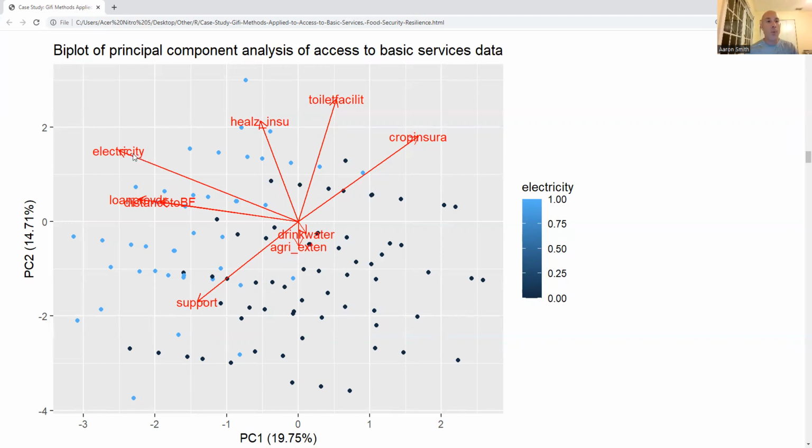Going up, we see electricity, heels, toilet, and crop insurance in the opposite direction of support. These four are going upwards while support is going down. Maybe someone with more knowledge about the survey and the homes will be able to say what the second principal component is measuring. I can't figure it out.